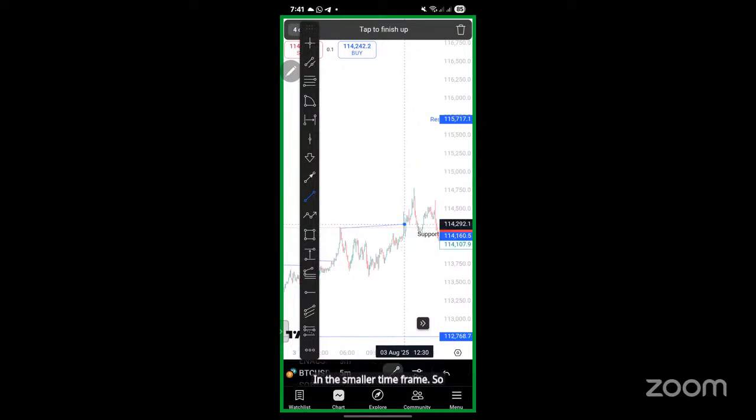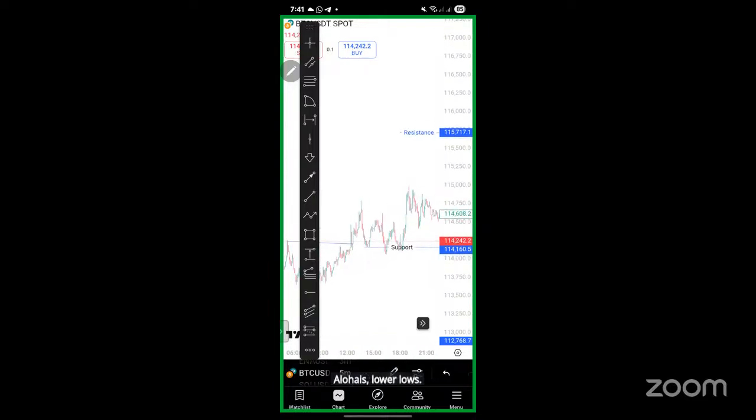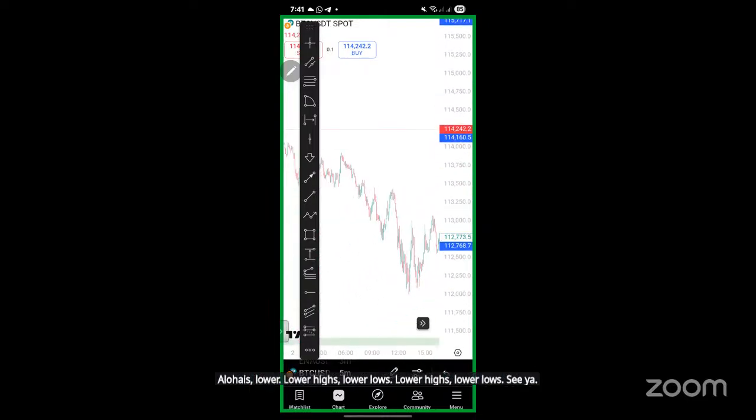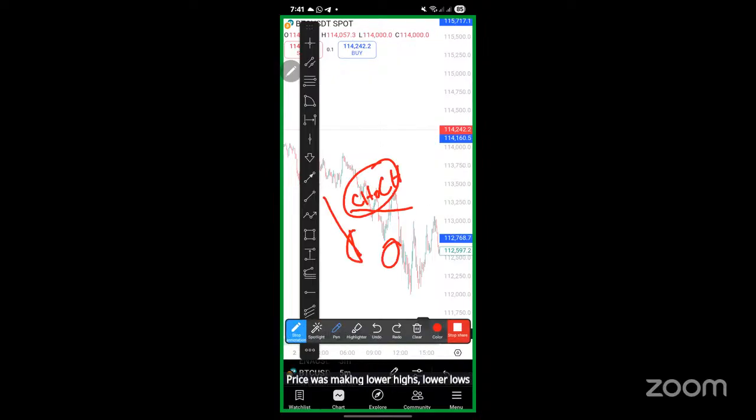Once you see this happening, because in the previous trend it was a downward trend, the market was making lower highs, lower lows, lower highs, lower lows. I don't know whether you're seeing it very well here.